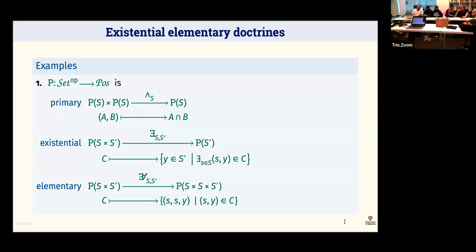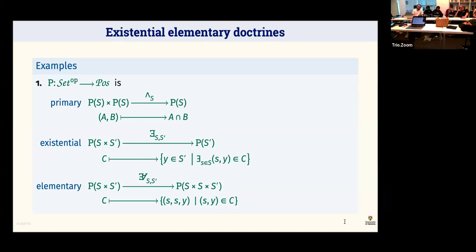Examples. The power set, the contravariant power set doctrine. It's primary. The inf semi-lattice structure is the intersection of subsets of a given set. The existential structure, the left adjoint, takes a subset of a product and takes the image on the second coordinate.